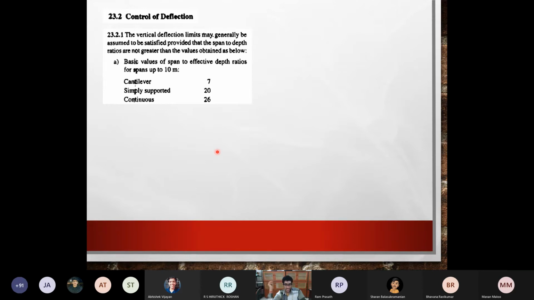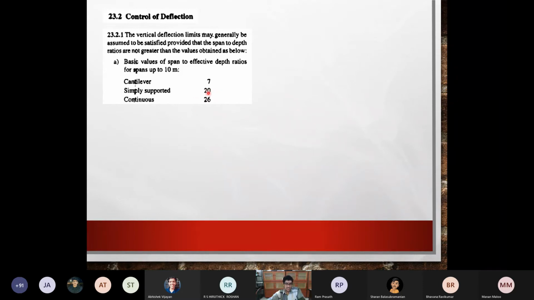You will get d equals 250. So 250 is a start. This is the minimum depth that you have to give for this beam.